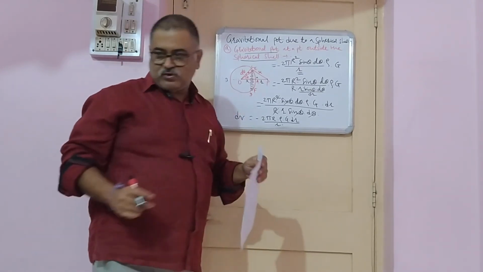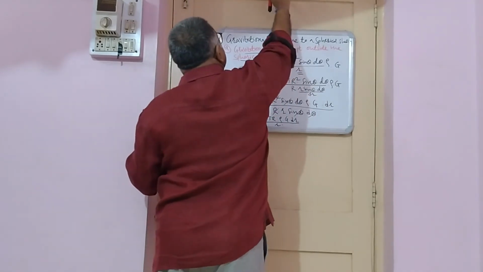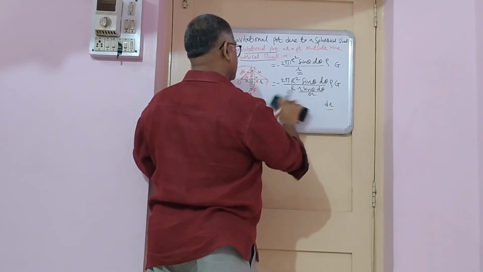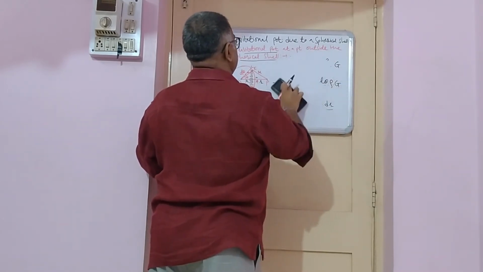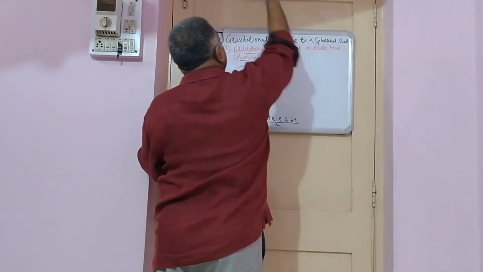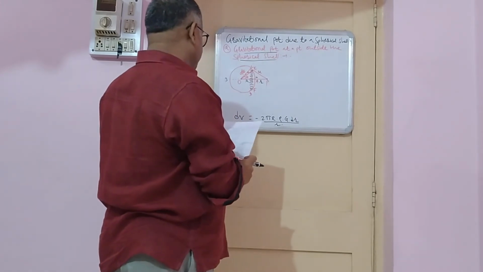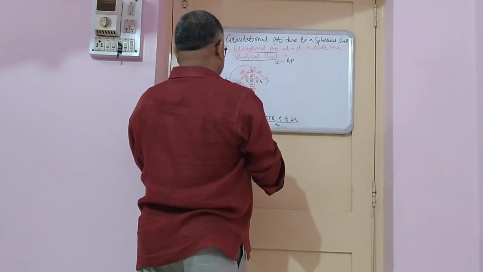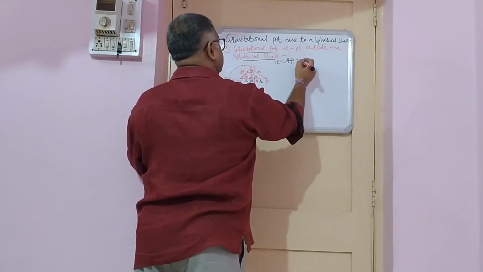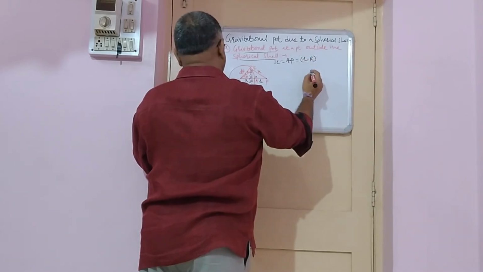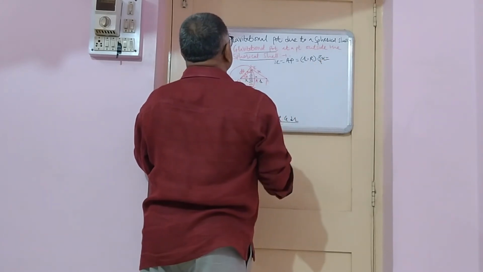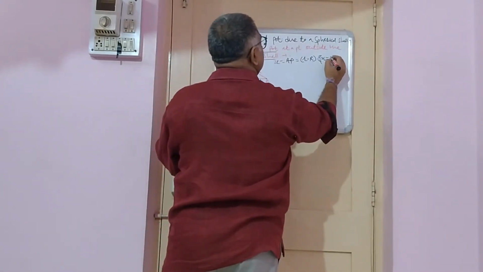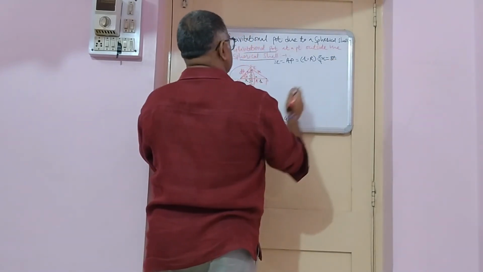Again we have to integrate this quantity between the limits x equals AP, which is nothing but r minus r, and x equals BP, which is equal to r plus r.